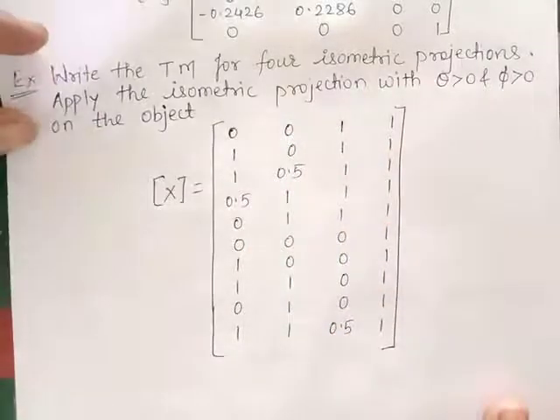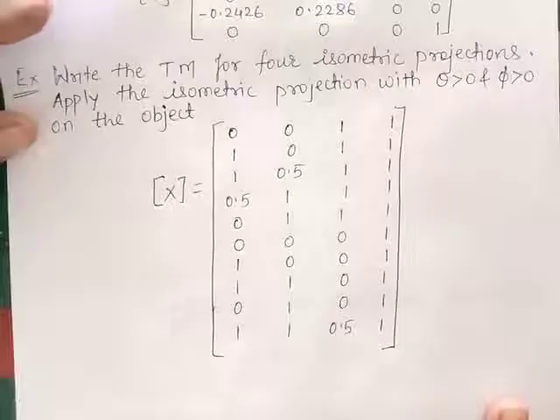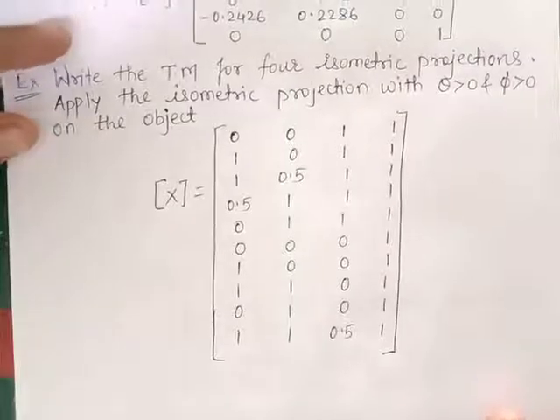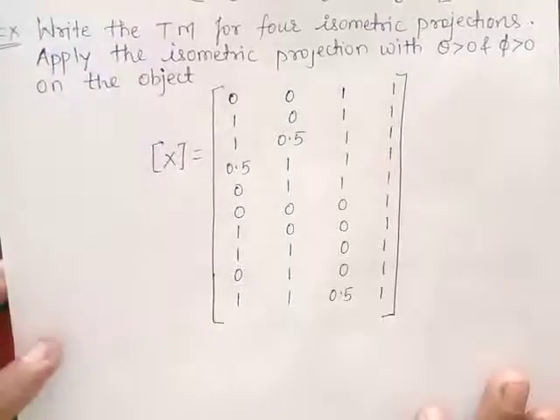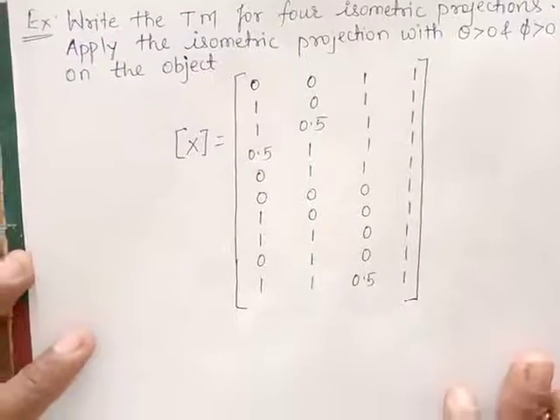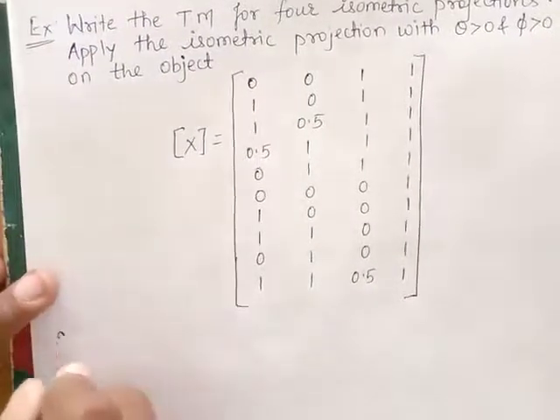Okay. So let's determine first of all the 4 isometric projections. Later on go further. Now for isometric projection we know phi and theta are fixed, right? So here solution.